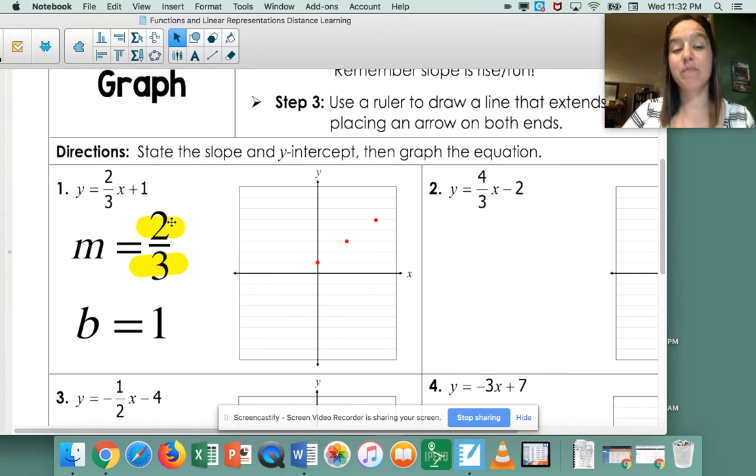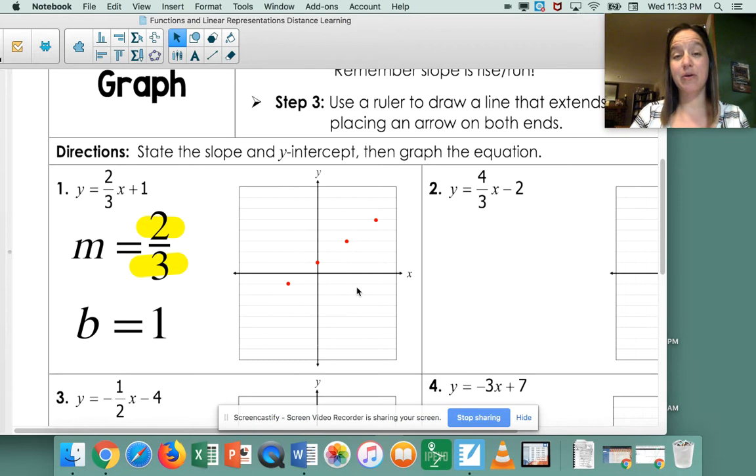Because they're both positive, I could also think of them as both being negative, because negative divided by negative is positive. So from my y-intercept, I could actually go down 2 and to the left 3 and plot my next point.